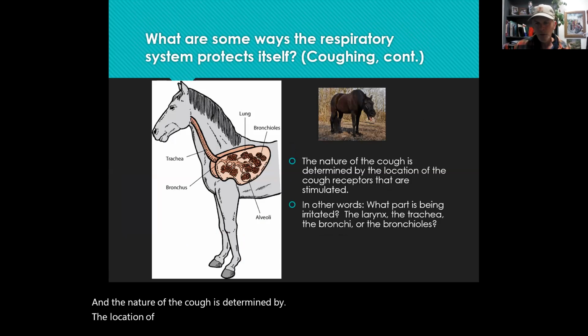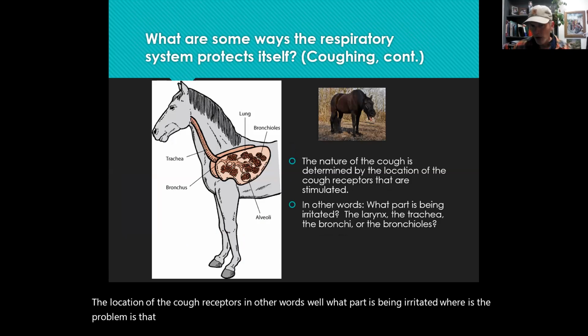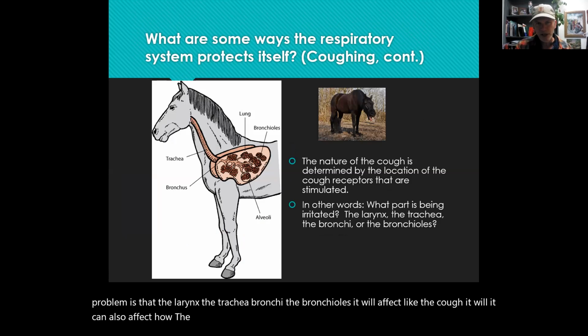In other words, what part is being irritated? Where is the problem? Is it the larynx, the trachea, the bronchi, the bronchioles? It will affect the cough. It can also affect how the patient breathes, but that's for another time.